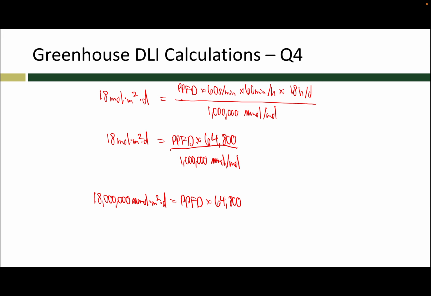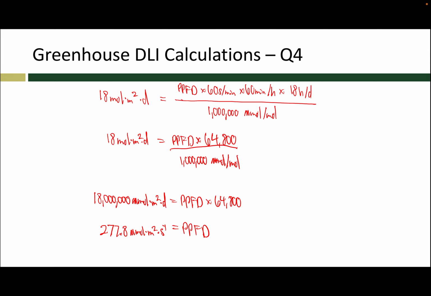We can then divide both sides by 64,800, and that is going to give us our final answer of PPFD is going to be equal to, if you're doing this with me, 18 million divided by 64,800. So our target light intensity should be 277.8 micromoles per meter squared per second.